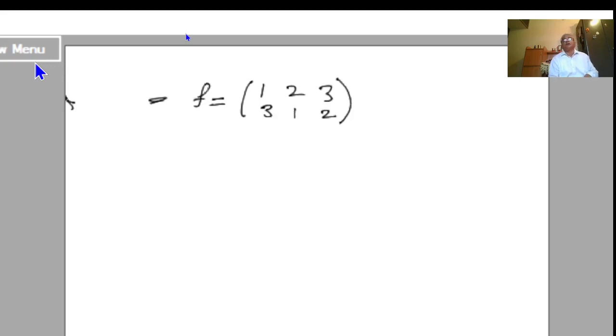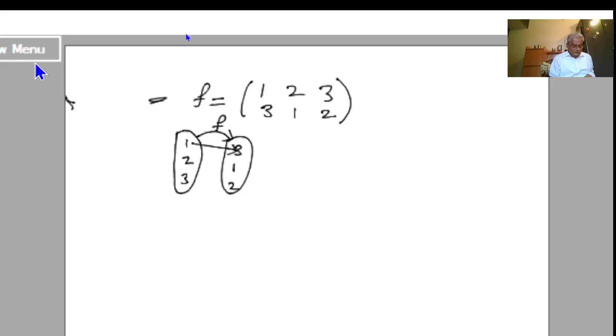This is a permutation, and to find F inverse, see what this permutation is. It's nothing but a function. F is a function from 1, 2, 3 to 3, 1, 2. 1 is mapped onto 3, 2 is mapped onto 1, 3 is mapped onto 2.